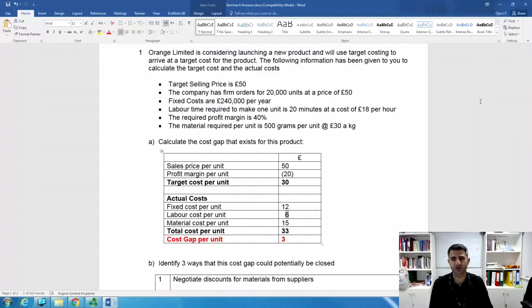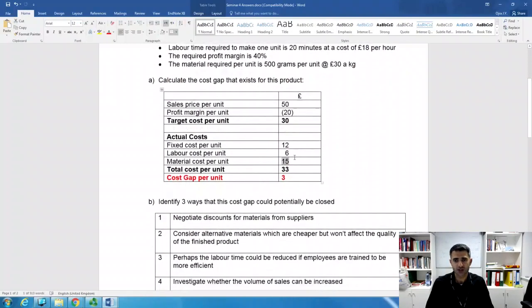So £30 divided by 2, £15, is the material cost per unit. If you add them together, that's 12, 6 and 15, that's £33. So the estimated cost is £33.